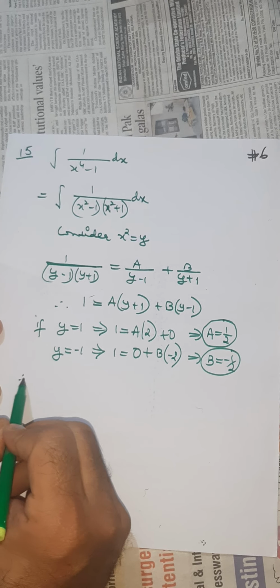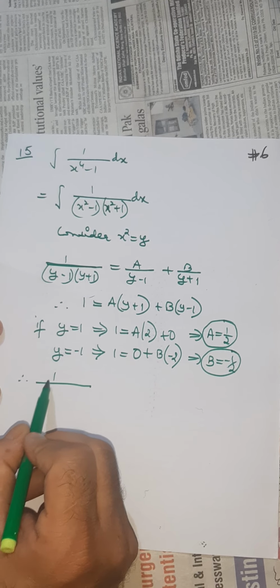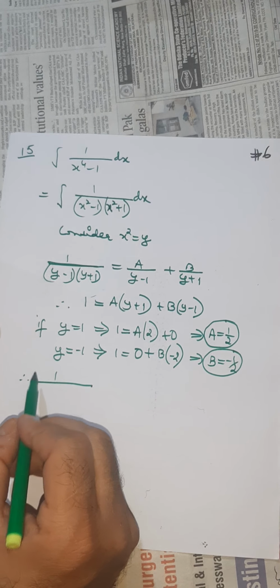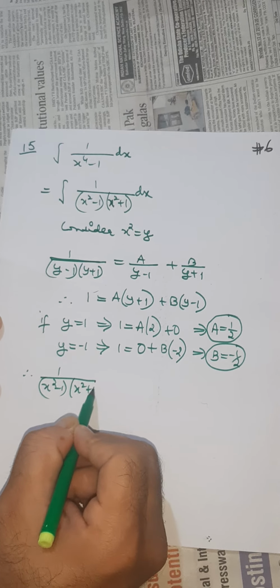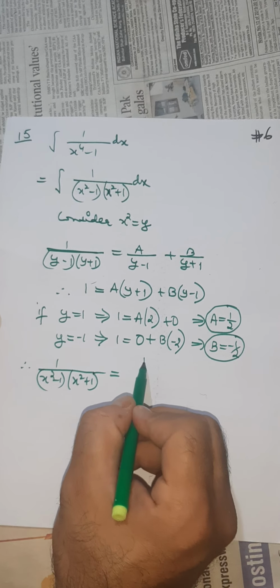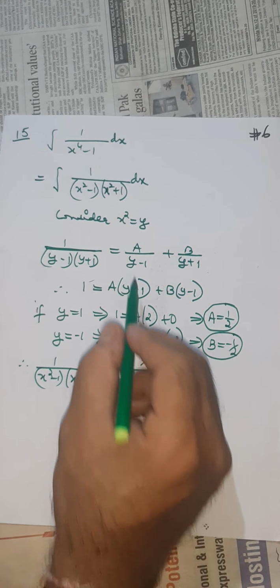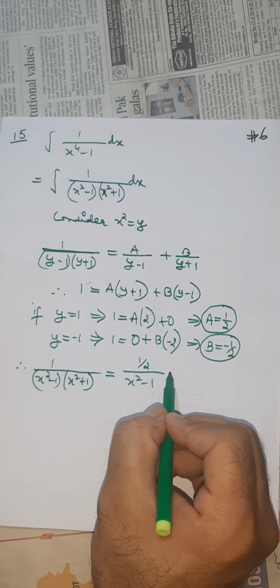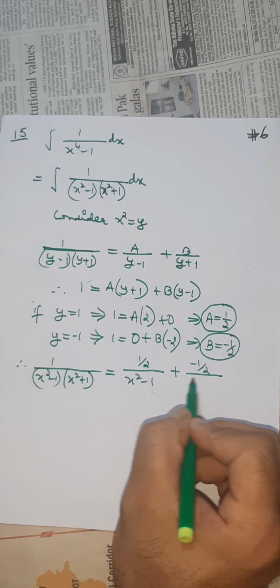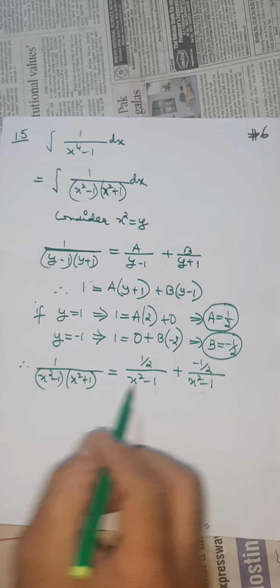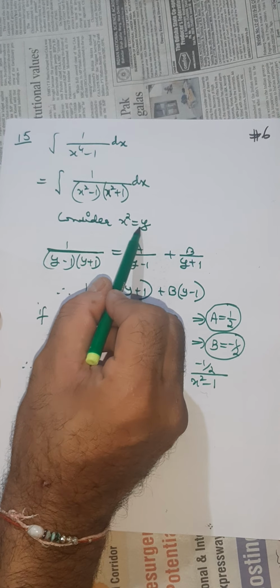So here if I now resubstitute, 1 upon x square minus 1 into x square plus 1 equals, what is a? Half upon y. Y was x square minus 1. What is b? Minus half upon x square plus 1. Right? So I just considered x square equals y.